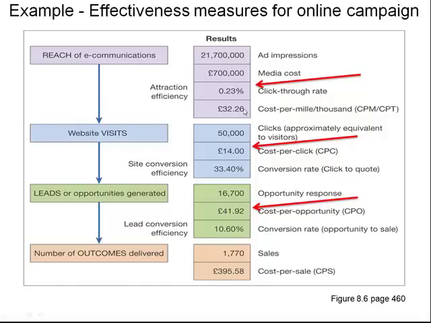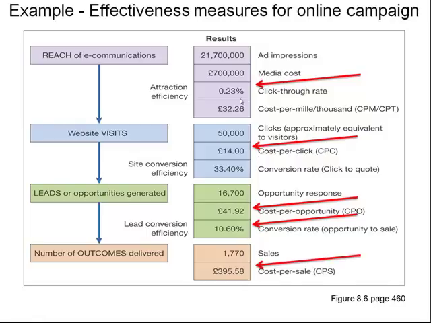So you basically, again, just take a look at your media costs relative to the amount of leads that were generated, and you calculate your cost per opportunity. And then the conversion rate opportunity to sale is based on how many sales that you generated versus your media cost, and that will generate your 395.